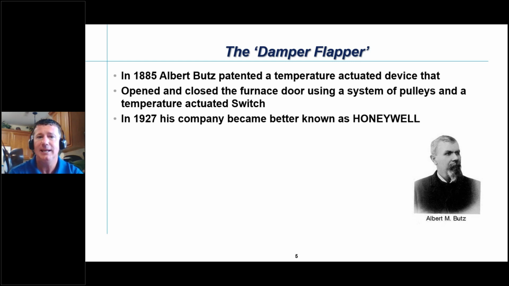So in 1885, Albert Butz patented a device called a damper flapper, and it was a bimetal device that had a series of pulleys and rope connected to a bimetal temperature modulating switch that controlled the damper door that was on the furnace.